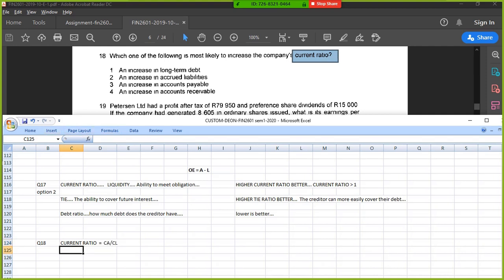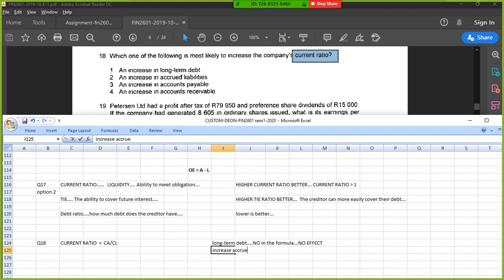Which one of the following is likely to increase the current ratio? Would long-term debt affect the current ratio? No, because that's long-term. It's not current. Correct. Next one. Would an increase in accrued liabilities affect the ratio?